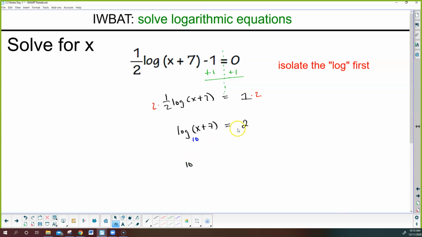So I'm going to take 10 to the power of the answer, which is equal to whatever is in the parentheses. And now it's just simplify. We know what 10 squared is, and then just subtract.